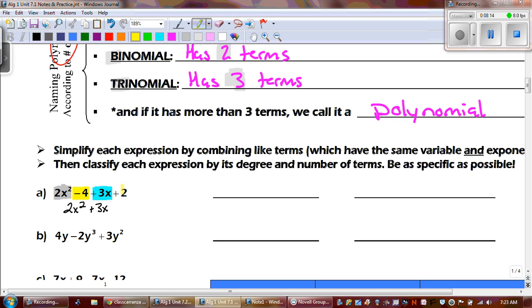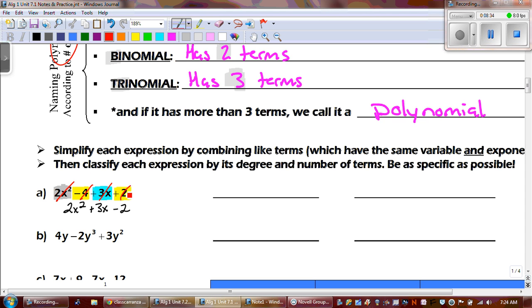The next terms we're going to combine are my -4 and +2. -4 plus 2 is -2. And after you do this, you can check off each term as you use it, so now we know that we've used all of the terms.